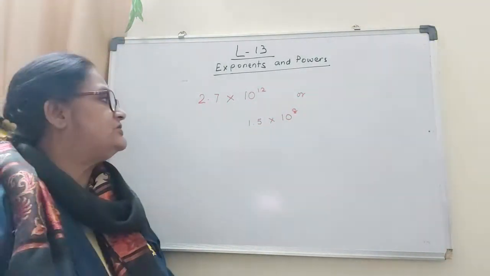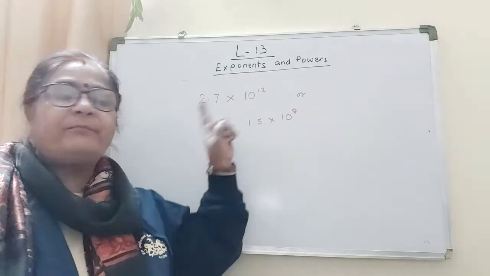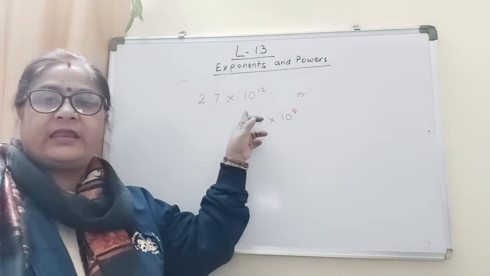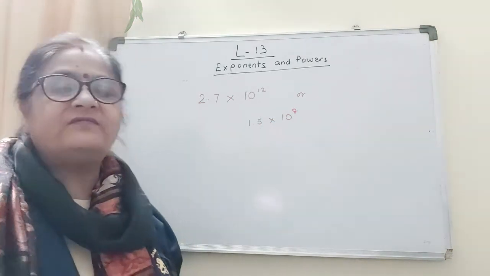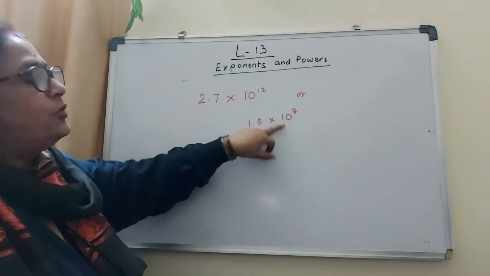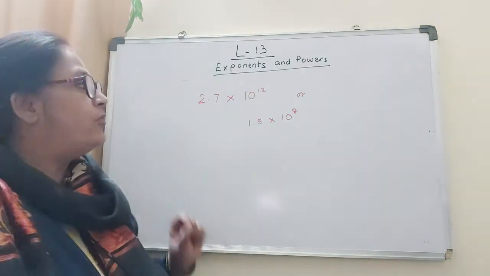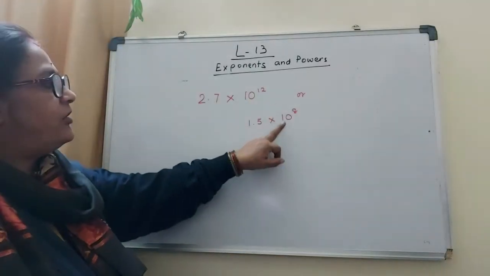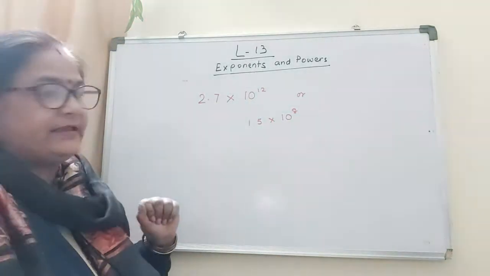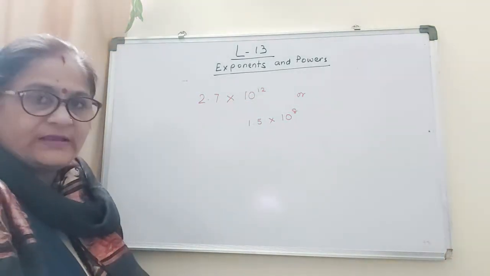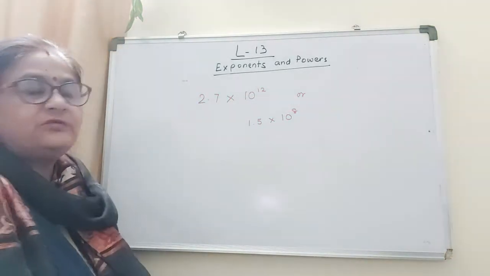First thing we need to see here is the power of 10, because the power of 10 will give you the number of zeros. So among these two, which one will have more zeros? 10 raised to the power of 12 or 10 raised to the power of 8. This will have how many zeros? 12 zeros. Why 12 zeros?